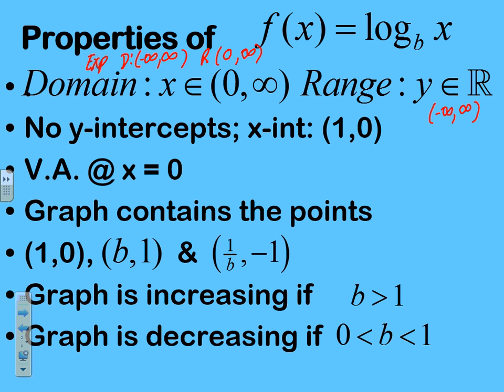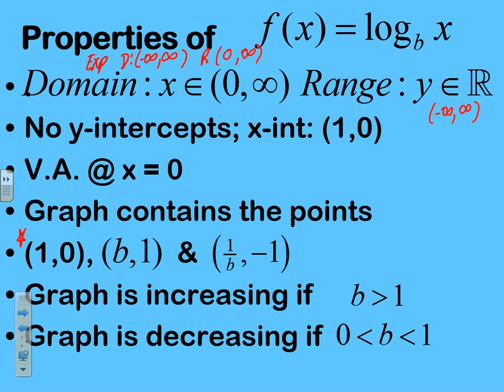Now these 3 points right here, these are super important. These are going to be the things that we will be looking at when it comes to graphing a logarithmic function. And if you notice, they have a striking resemblance to the three key points from our exponential functions as well. In fact, they follow the same inverse property.